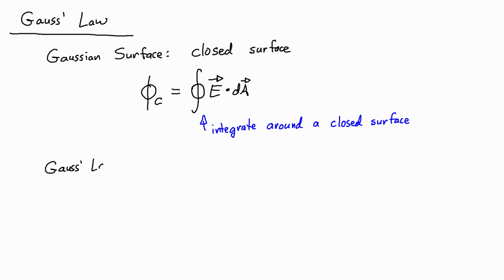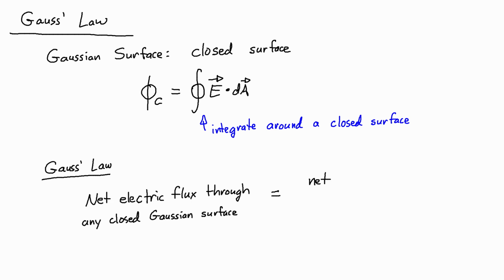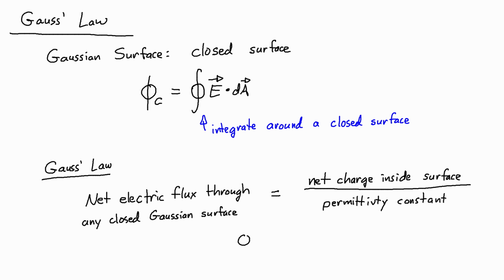Gauss's law then applies specifically to a Gaussian surface, and it says that the net electric flux through any closed Gaussian surface is equal to the net charge inside the surface divided by the permittivity constant. So mathematically, we can write phi c, the flux through a closed Gaussian surface, is equal to the net charge, which I'll call Q in, so that's Q inside the surface.